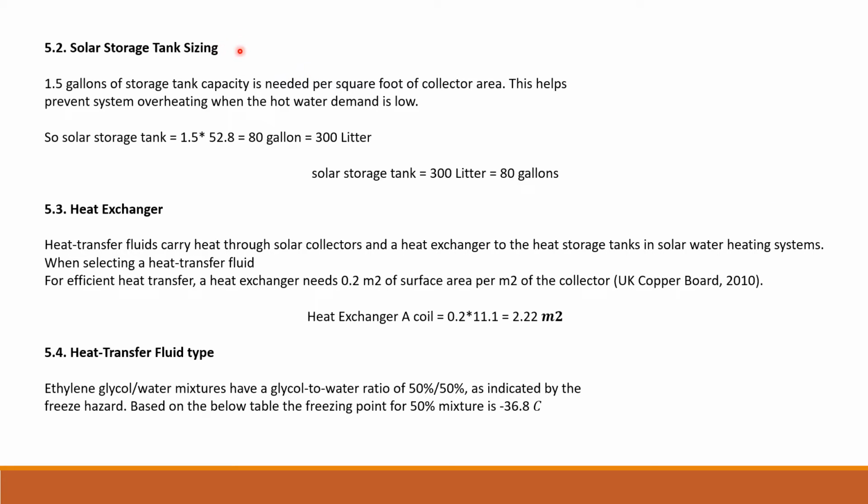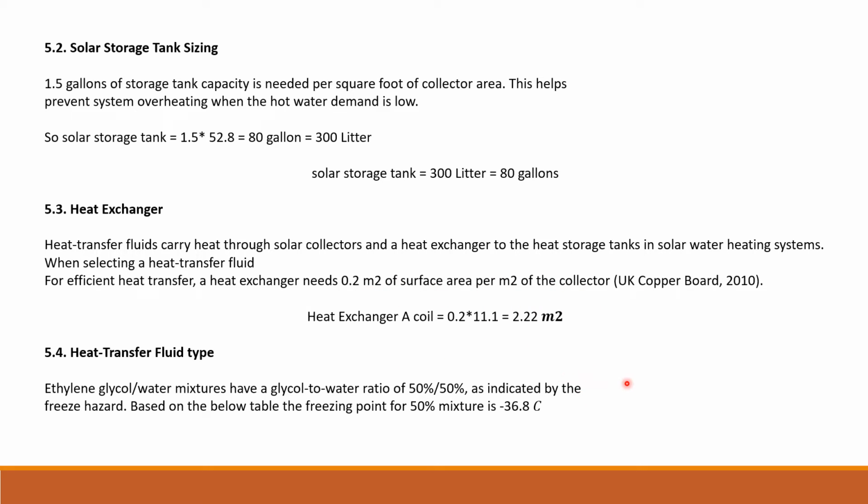In the next part, we did the solar storage tank sizing. So the solar storage tank we took was 300 liters. This calculation helps prevent system overheating when the hot water demand is low. In the heat exchanger calculation, for efficient heat transfer, the heat exchanger needs 0.2 meter square of surface area per meter square of the collector.